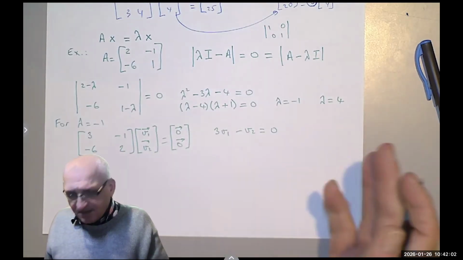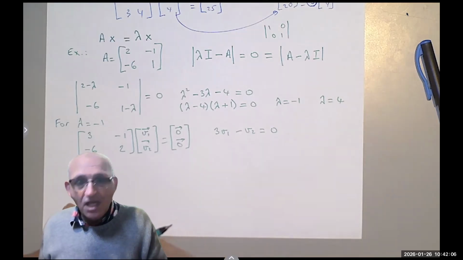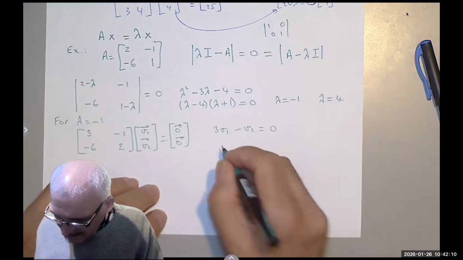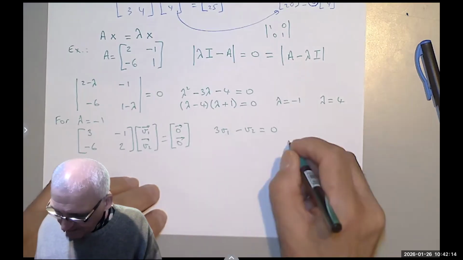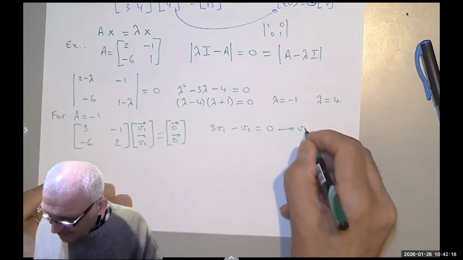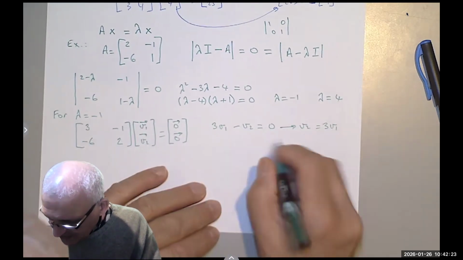And you say, but there are infinite solutions. Yeah, it doesn't matter. For example, I'm going to take V1 and see what V2 equals. So here I get V2 equals 3V1.